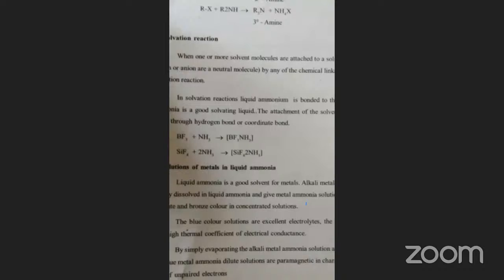In solvation, liquid ammonia is bonded to the solute molecule, that is BF3. BF3 is linked to the ammonia and it produces a complex-like compound. That type of reaction is called a solvation reaction.